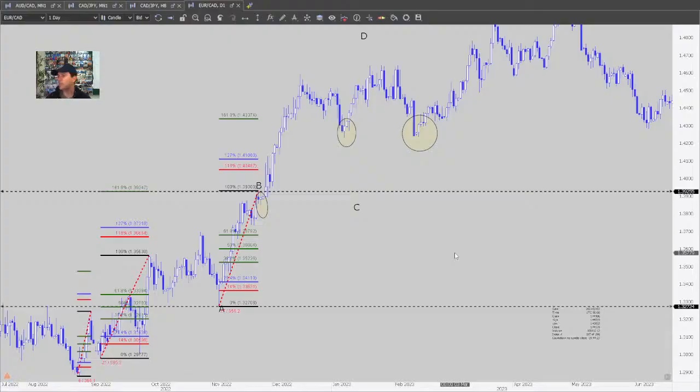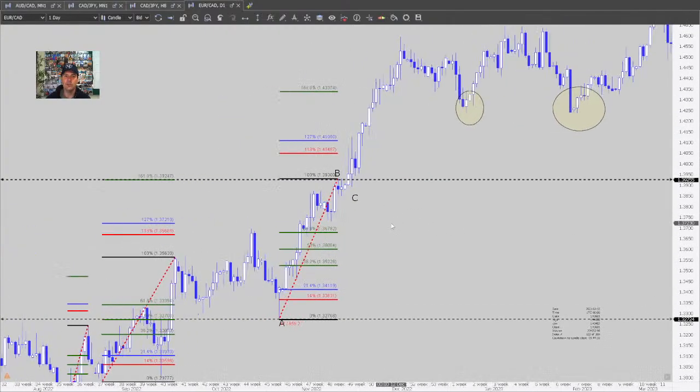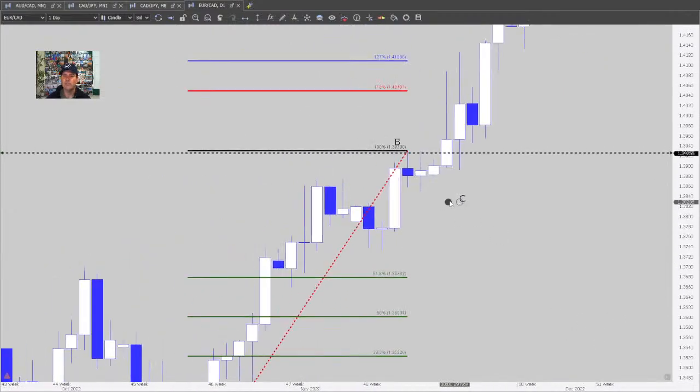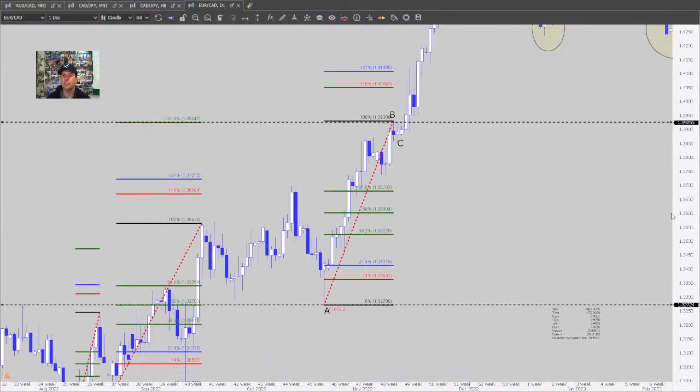The C is the lowest point inside the AB boundary, exactly after the C, not necessarily a low. So here you don't have a low, everybody. Can you see it? You have no low in here. That's the C, exactly. The C is the lowest point.